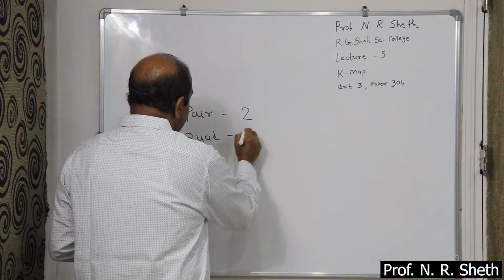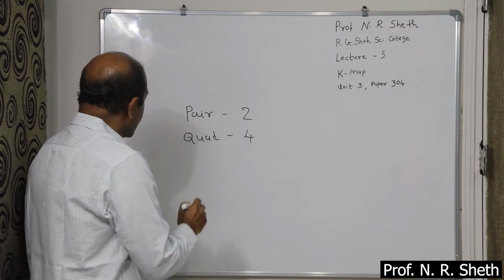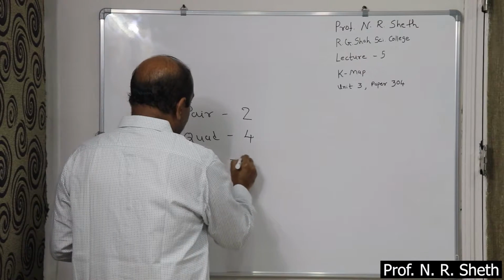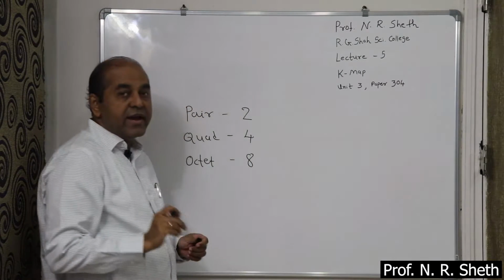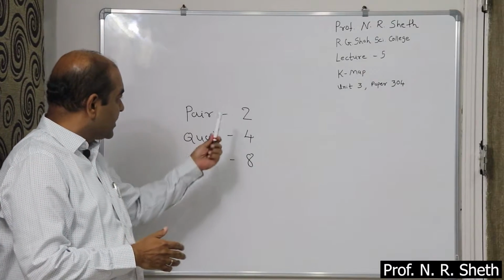Quad means a group of four ones, and octet means a group of 8 ones. We have discussed many examples related to this.